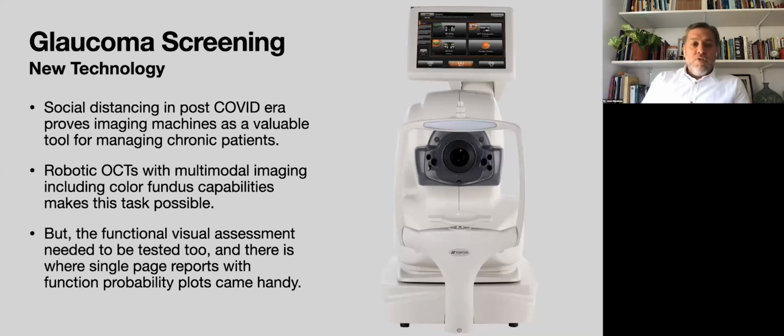Robotic OCTs and portable OCTs with multimodal imaging, including color fundus capabilities, make this task really possible. The functional visual assessment needs to be tested too. There are some studies being made in that field. There is some augmented reality software that you could use on your iPhone or your phone to have your eyes tested, but we need a lot more study in that area.